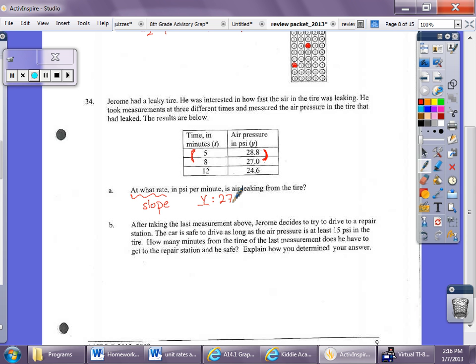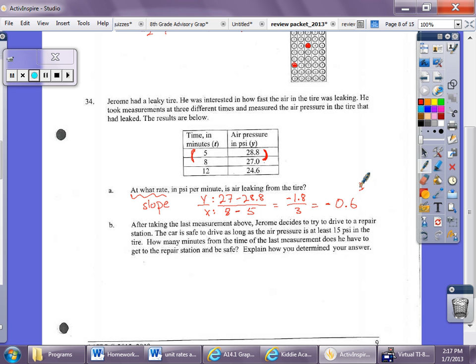So I have 27 minus 28.8, and my x value is going from 5 to 8, 8 minus 5. So we get negative 1.8 over 3, which gives us negative 0.6, which means it's going down. The air is going out at a rate of 0.6 per minute.